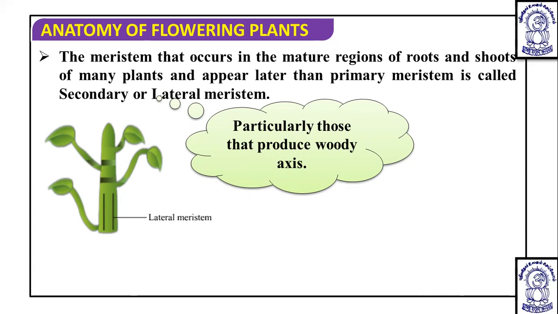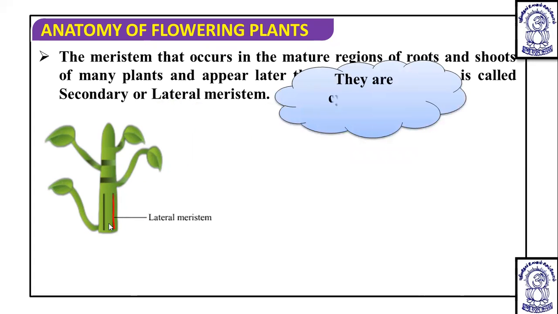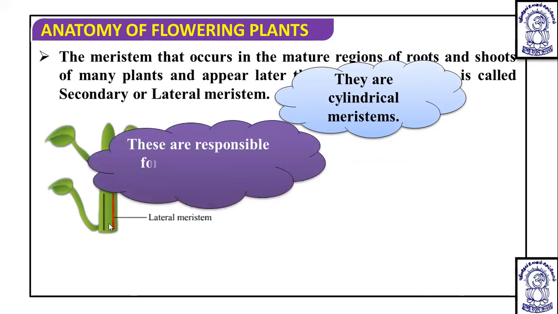Because of this, they are present sidewise. You can see its location where they are present. Why are they present sidewise? Because they help in the girthwise growth or thickness-wise growth of a plant organ. So they are cylindrical meristem. They are also known as cylindrical meristem because they are present laterally and cylindrical in shape.